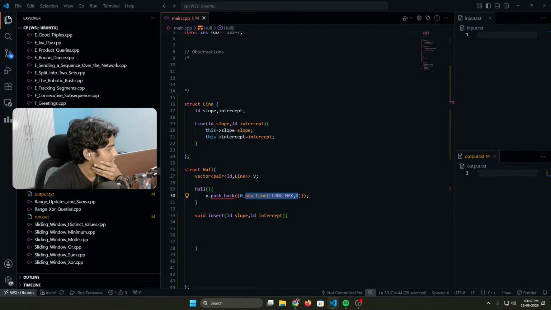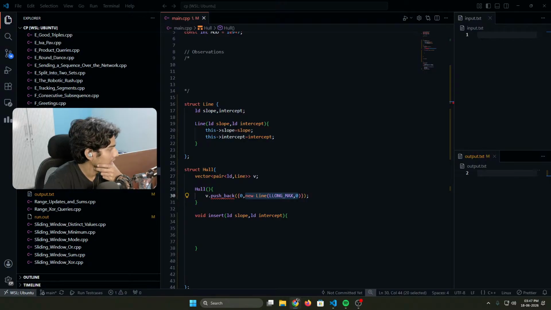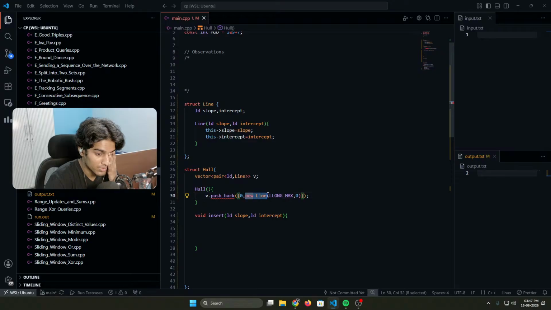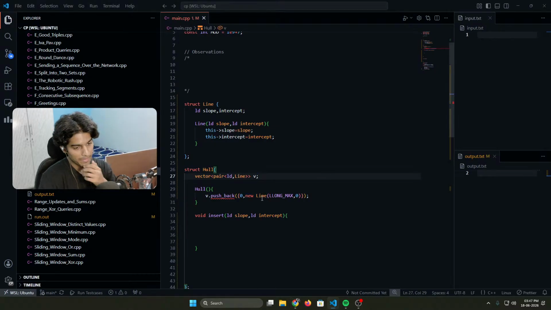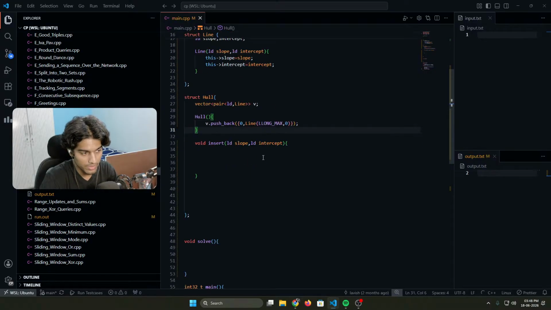So each element must be pair. But I'm pushing this thing. This is the issue. If line is an abstract class, the first option won't work. So this is creating a pointer. Now this should be fine. Okay.